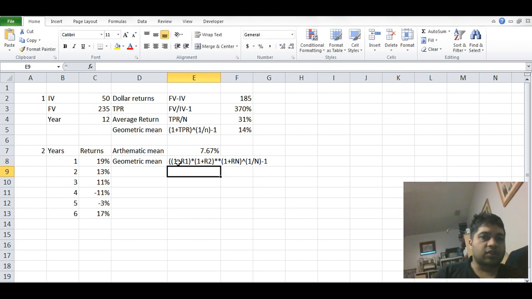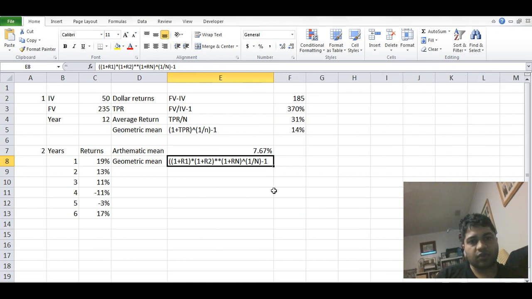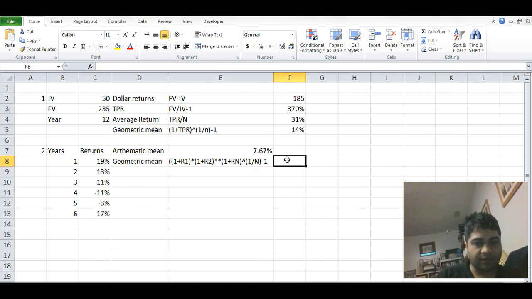So 1 plus return in year 1 multiplied by 1 plus return in year 2, return 3, 4, 5, 6, go on till n, and to the power 1 by n minus 1. So this is the formula for calculating geometric mean.